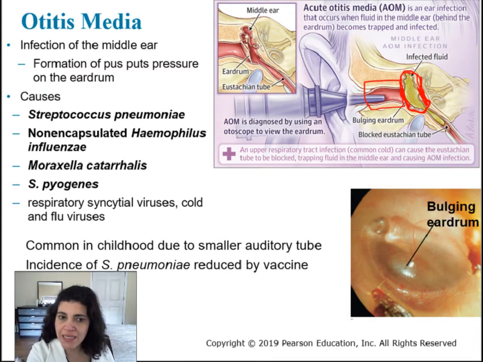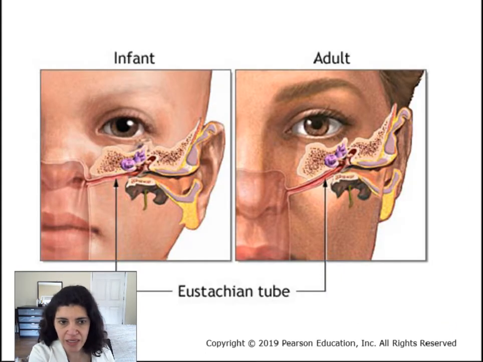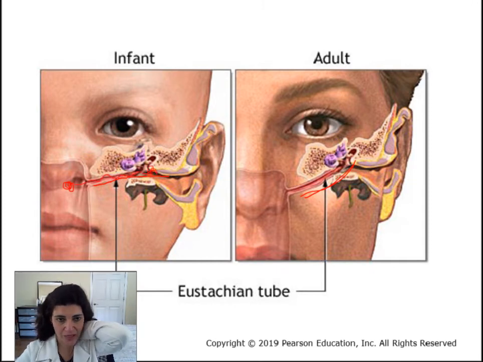So if you look at the difference between a kid and an adult, you can see that the eustachian tube is more horizontal in the kid when you compare with the adult. So it's easier for kids' nasal secretion to get into the middle ear, okay, due to this horizontal position of the tube.